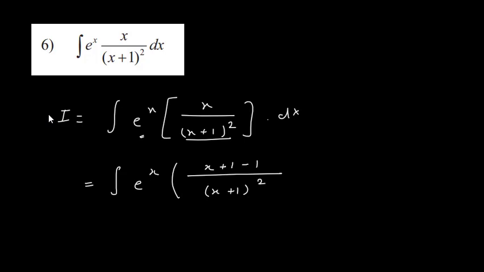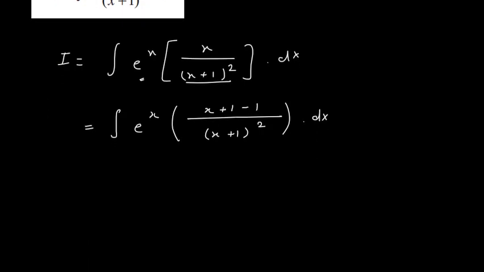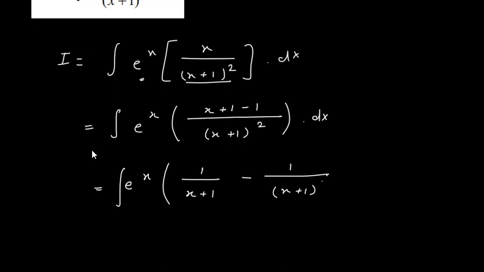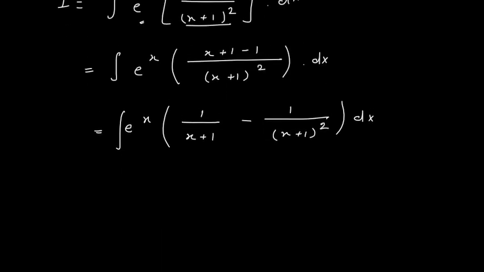Now this is equal to the integration of e power x into x plus 1 upon x plus 1 the whole square, so it will become 1 upon x plus 1 minus 1 divided by x plus 1 the whole square into dx. Right. Now if you see, the derivative of this part is this.